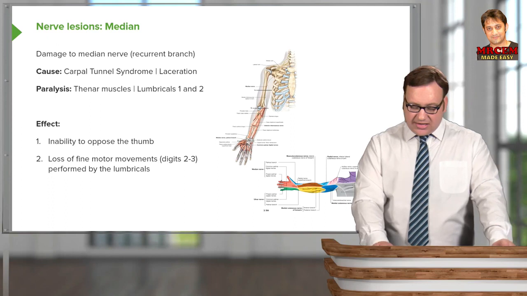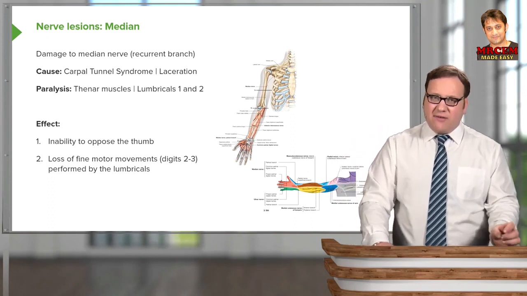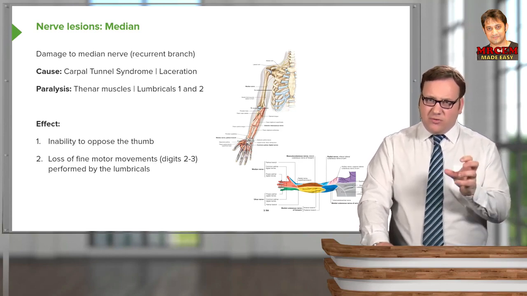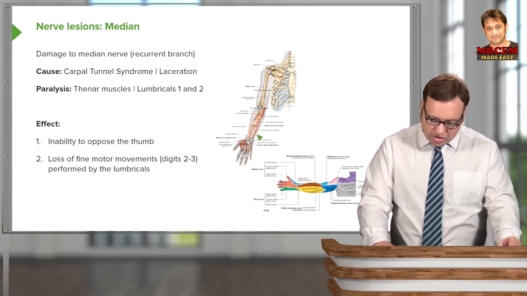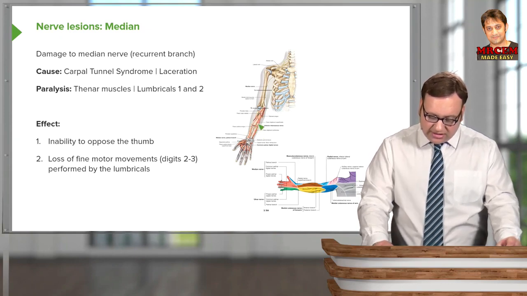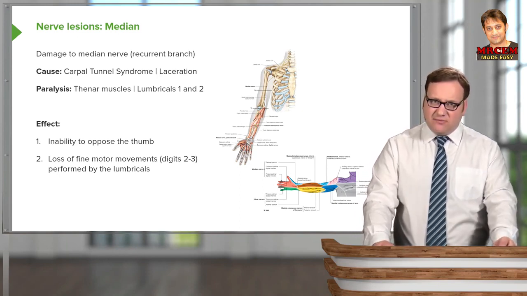If the median nerve was damaged in the carpal tunnel, then you wouldn't have that problem because the median nerve would have already given off the branches to the muscles in the anterior compartment of the forearm. So the muscular branches would have already come off here. So the function of these muscles will be preserved.